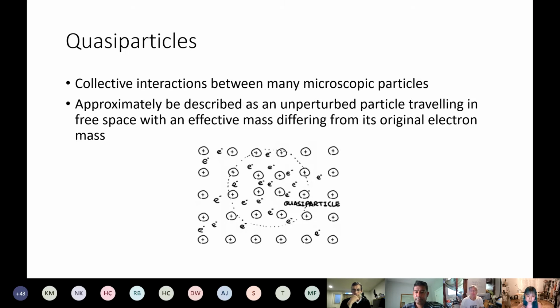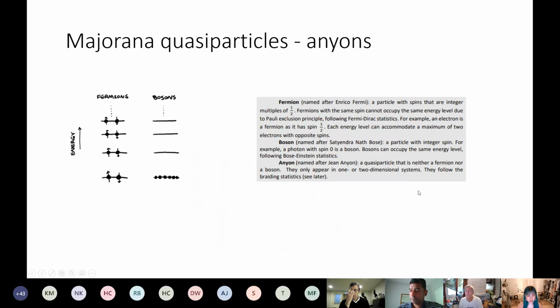So this VIP electron is overall carrying an effective mass with it as it moves along the material. This is the quasiparticle that has an effective mass, and that's what we're dealing with when we are setting up these architectures and materials.